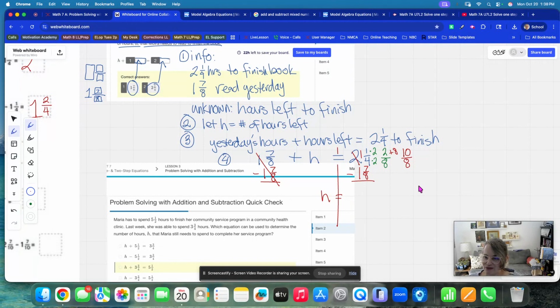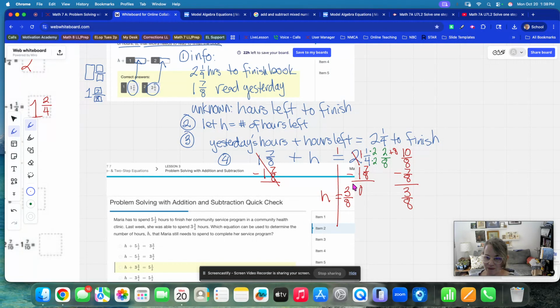Okay, so now that I've done that, I have 10/8 minus 7/8. That's going to be 3/8. Okay, and then if we go back over here, 1 minus 1 would be 0. So that would just be my answer there. H would equal 3/8. Pretty neat.